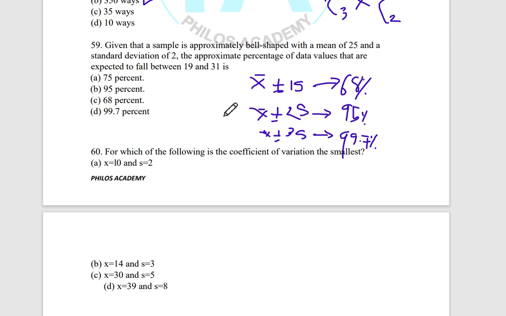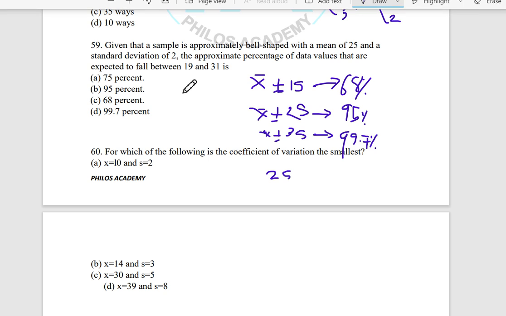Now look at the question. The mean is 25, and they are saying between 19 and 31.